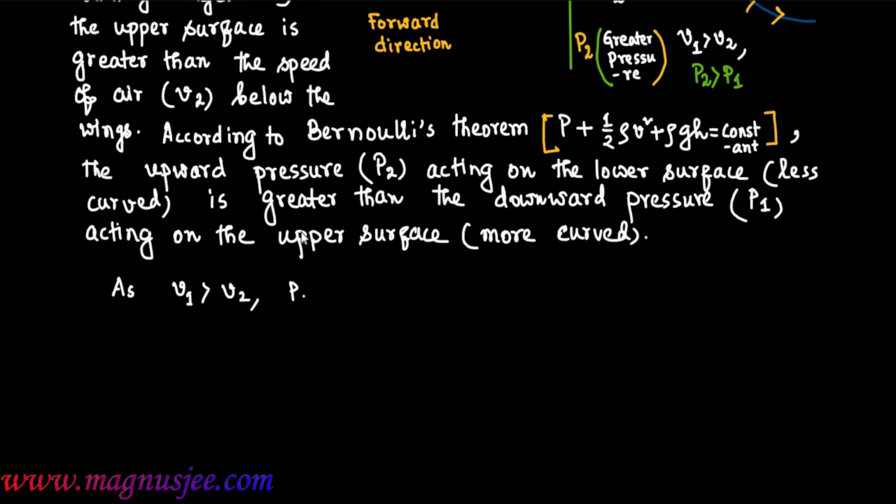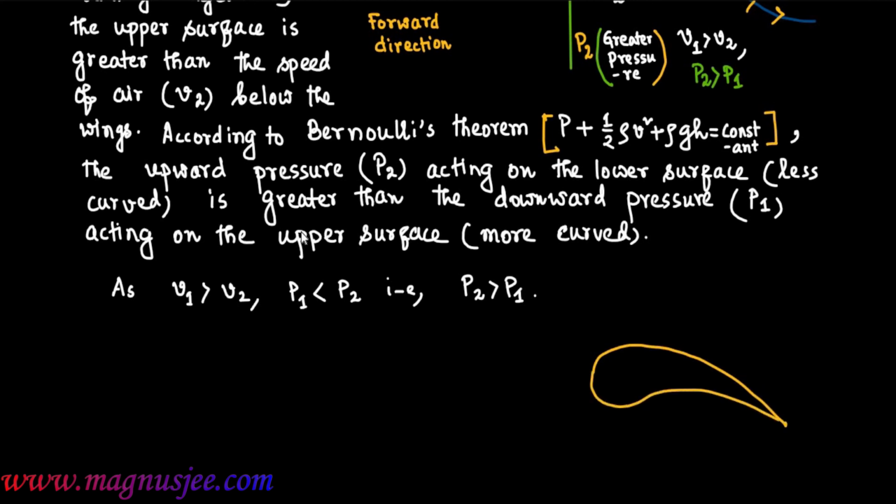As V1 is greater than V2, P1 is less than P2, that is P2 is greater than P1, so the upward pressure is greater than the downward pressure.